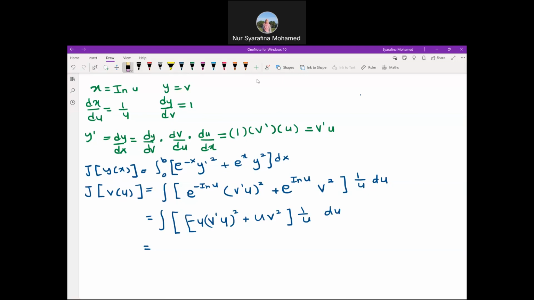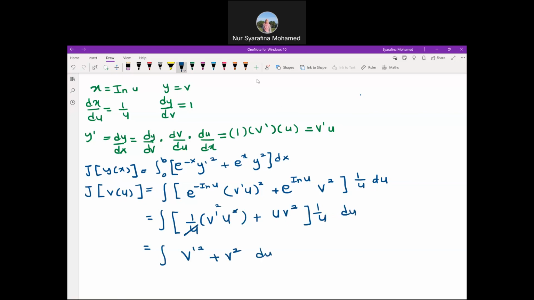Here should be 1 over u, v prime squared, u squared plus u v squared. Okay, 1 over u. So we just eliminate this u here. This one also can be eliminated. Then we have v prime squared plus v squared.